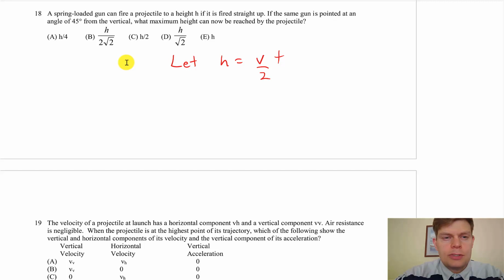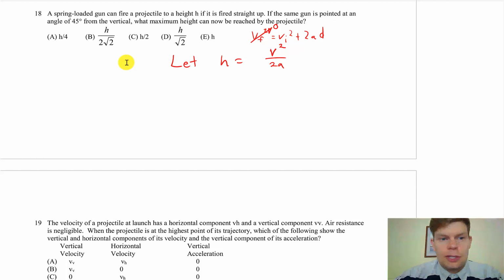Well, that's not a great one because time will change. I will say instead, we'll do vf squared equals vi squared plus 2ad. We will rearrange. Final velocity is 0 at the highest point. And so I'm going to just make it v. V squared over 2a is equal to the height.